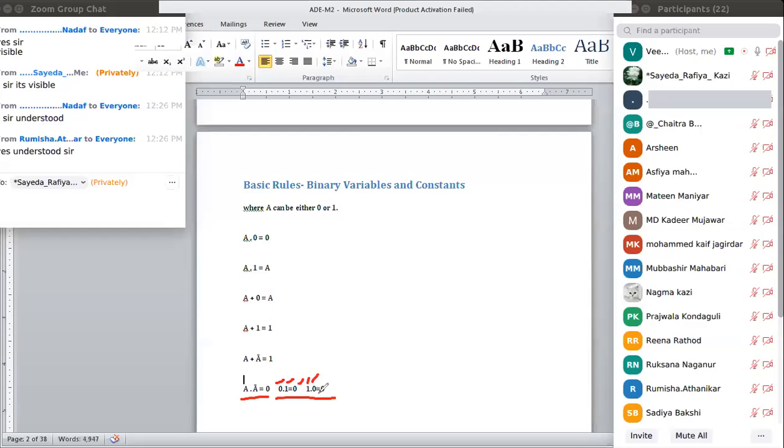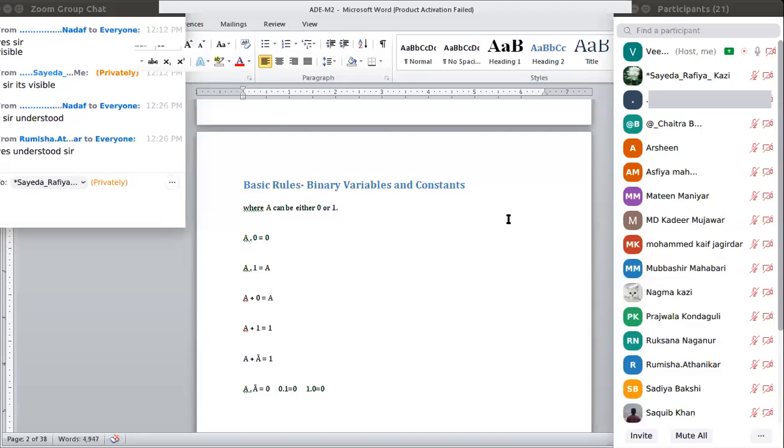Then 1 into 0 is always 0. So always we will get the output as 0 whenever A dot A bar happens. These are the main important rules that you should know, all of you, throughout your whole life. It will be helpful.